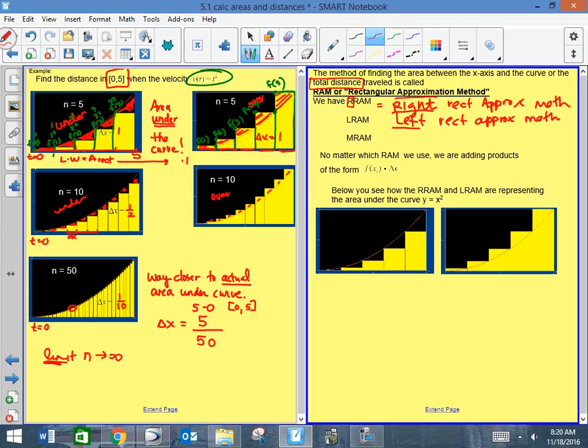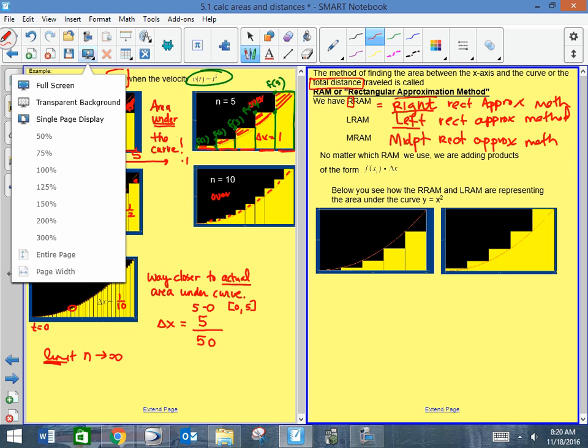Okay. And what do you think M stands for? Any idea? Middle, midpoint. Very good. Okay. And we're going to do these here in a minute. It's midpoint. Same idea.